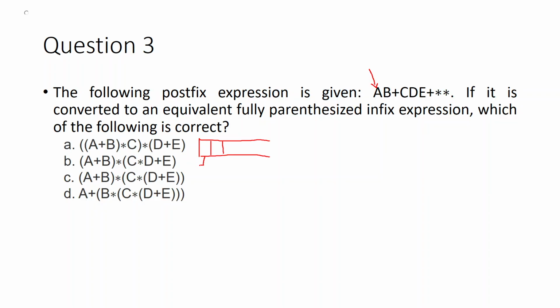We need to create a one-node tree, that is A. Then the second one is also a character. If a character is an operand, push it into the stack. That is B.